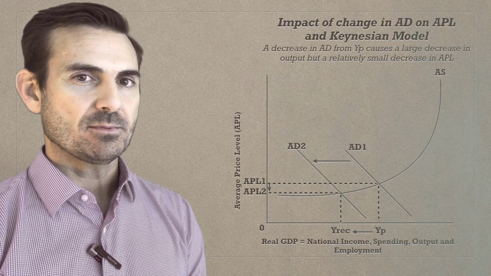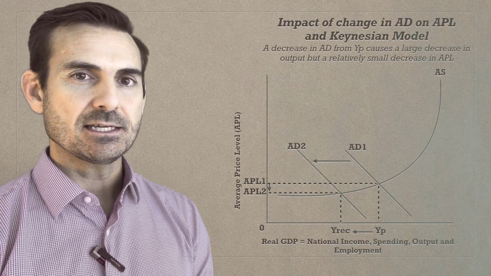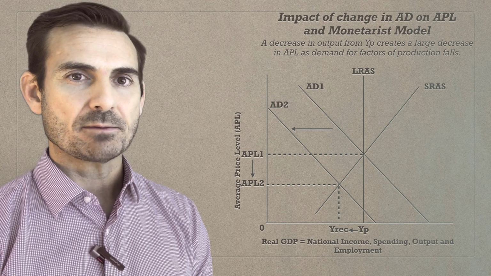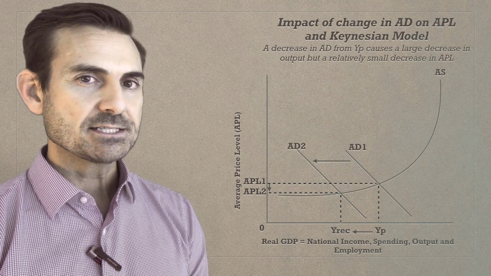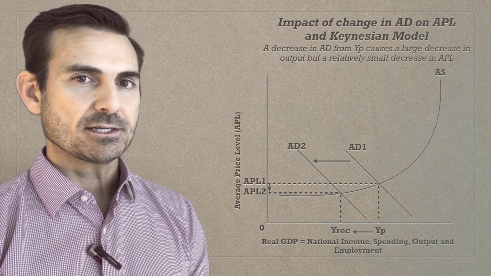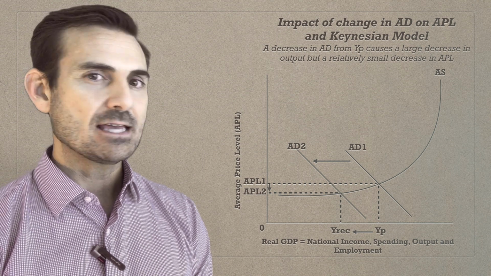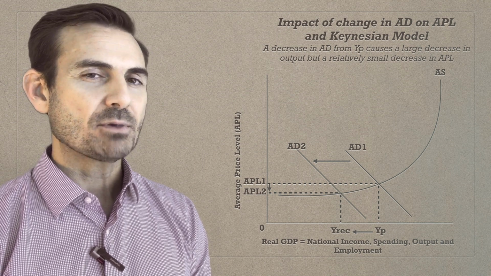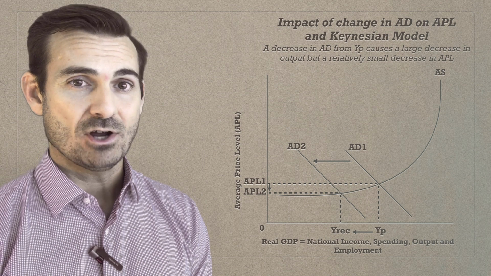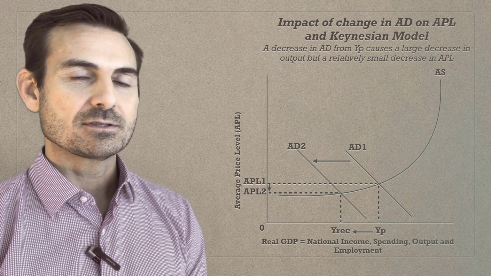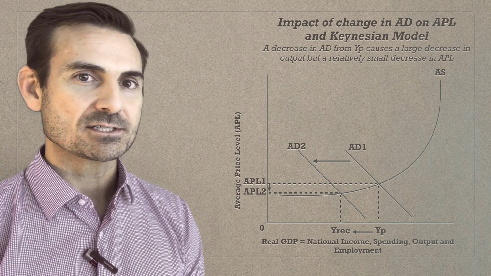Another point to remember is the difference in the change in AD depending on the macroeconomic model which is used. For the Keynesian approach, a drop in aggregate demand will cause a drop in the output of an economy, but a relatively smaller drop in the average price levels. This is due to what Keynesian economists call sticky wages.